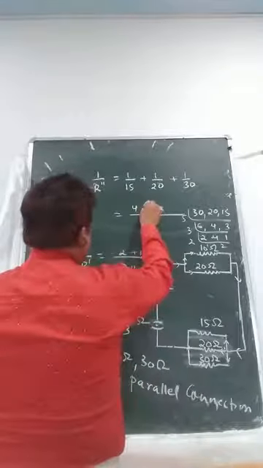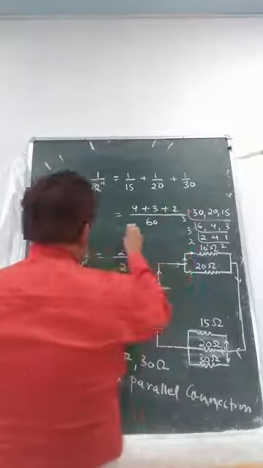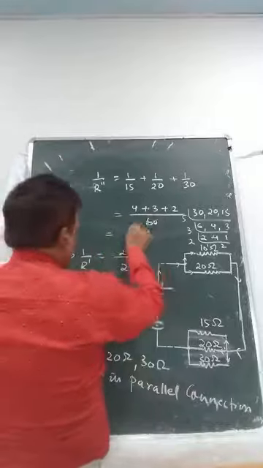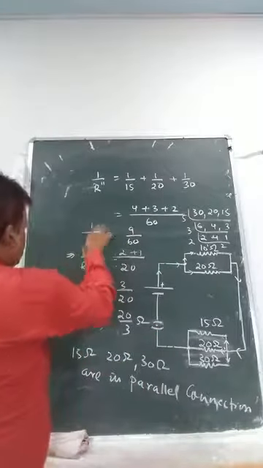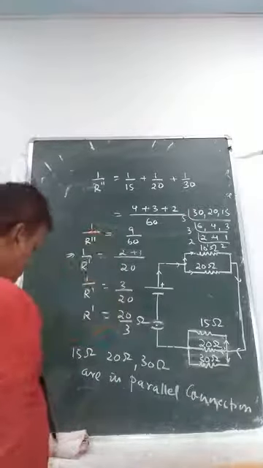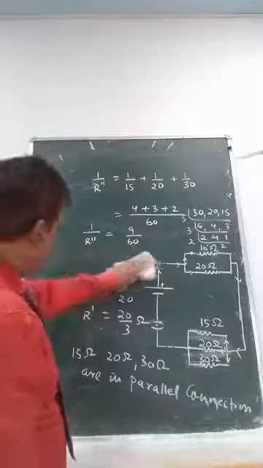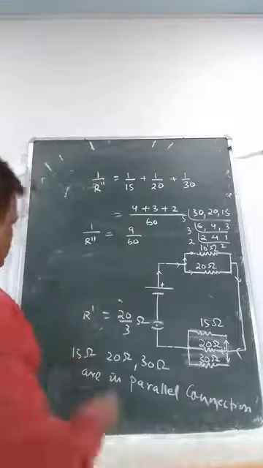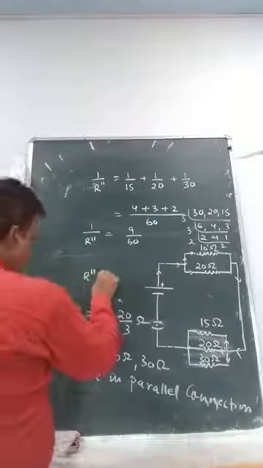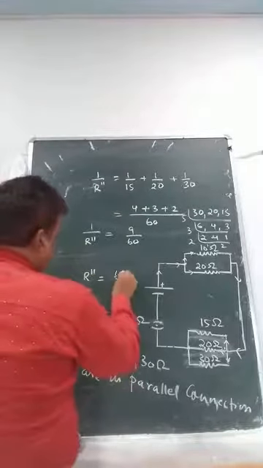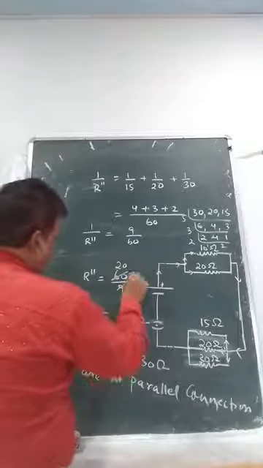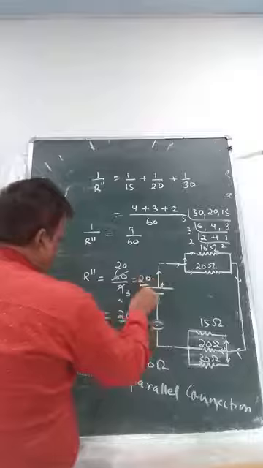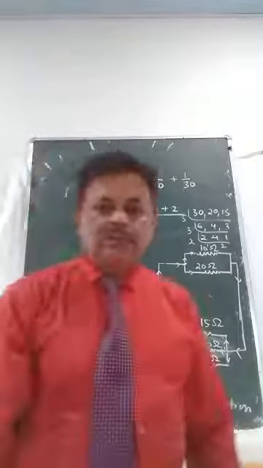So here it is 4, here 3, here 2. So 9 by 60. This is 1 by R double dash. So R double dash equals 60 by 9. If you cancel by 3, it is 20 by 3. Then this is also 20 by 3.